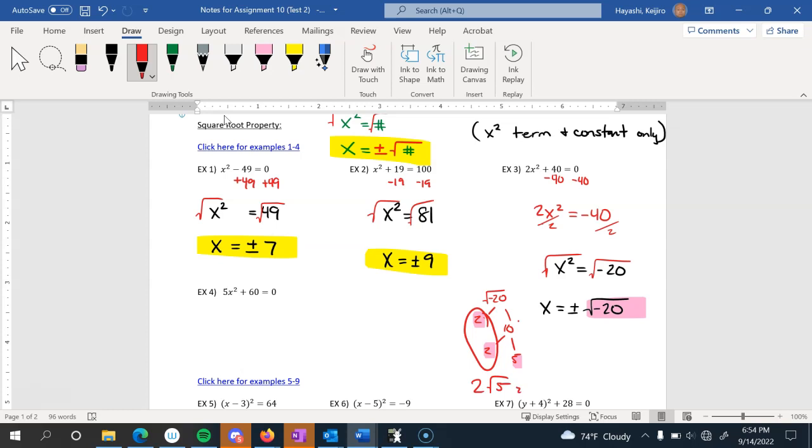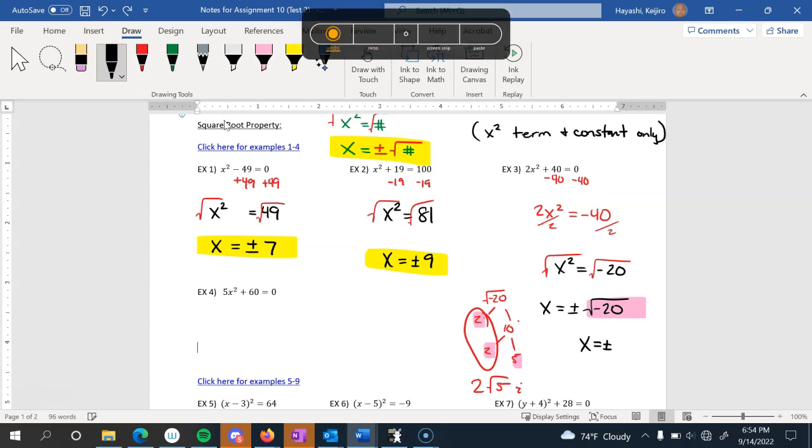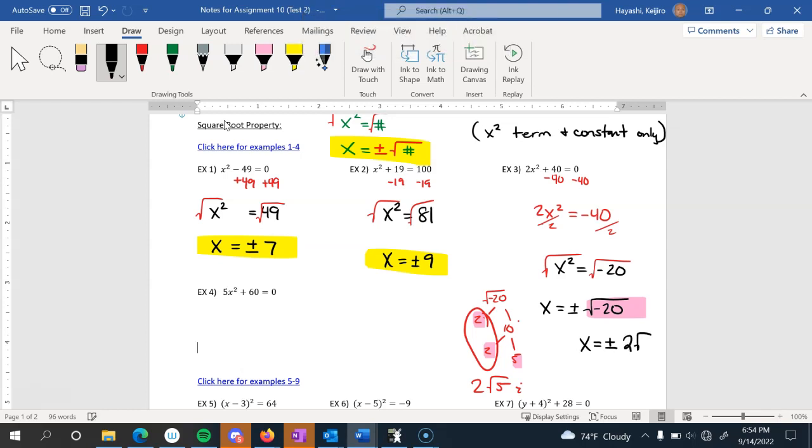And then don't forget your i. So x equals 2 square root of 5 i, with that plus or minus in front of it.